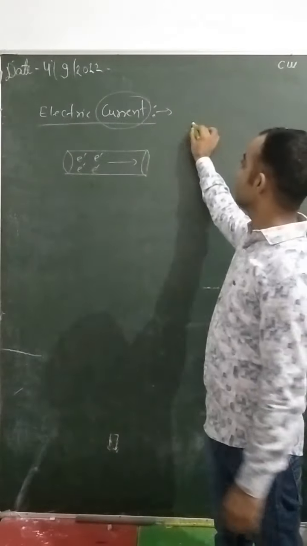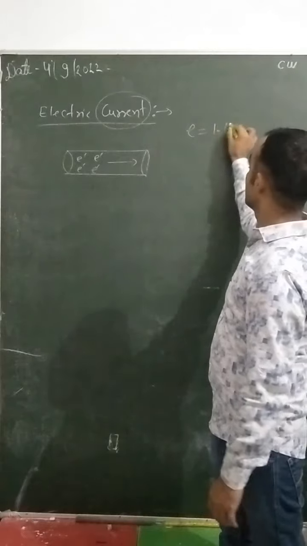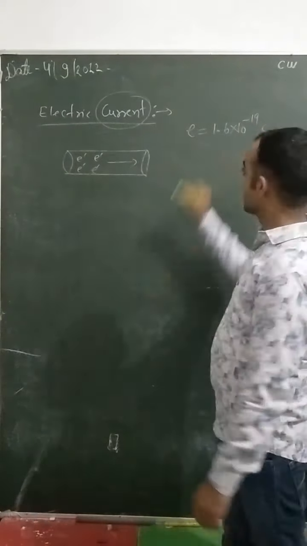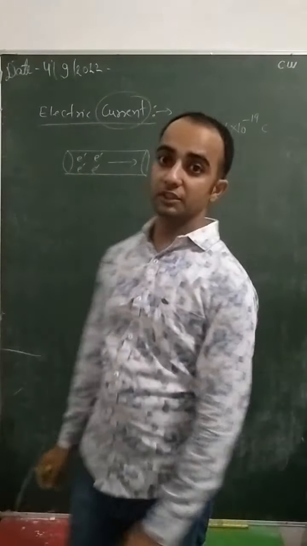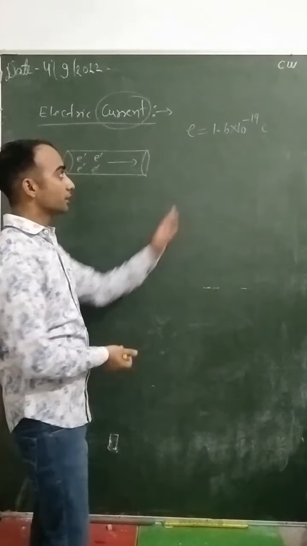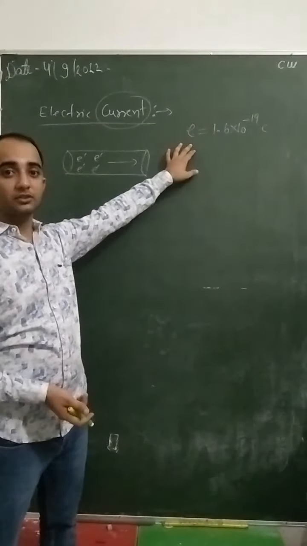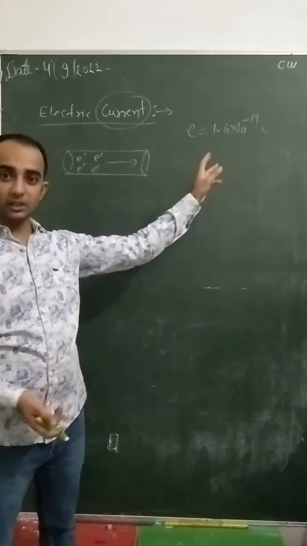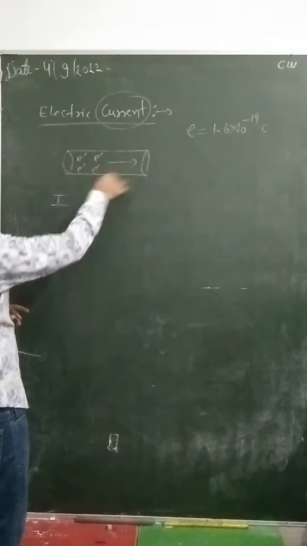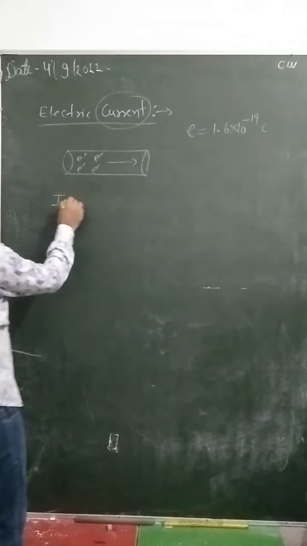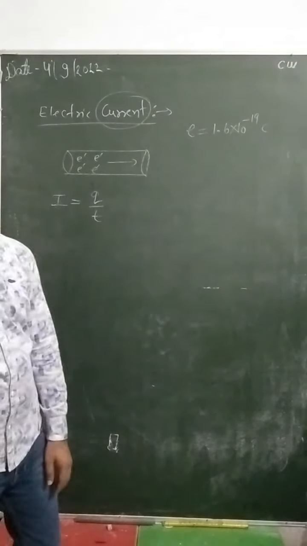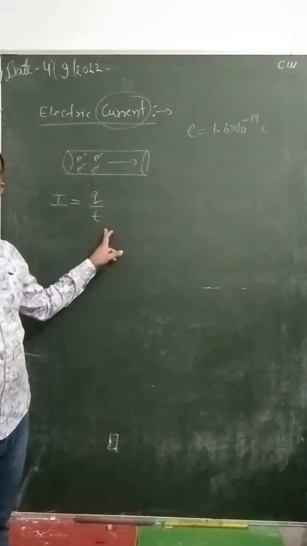An electron has charge e equal to 1.6 into 10 raised to power minus 19 coulomb. And charge is a scalar quantity represented by q, small q or capital Q. So electric charge will flow in a particular direction, make electric current, and how much electric current there will be in this conductor you can find with this formula, charge upon time ratio. Current is charge upon time ratio.